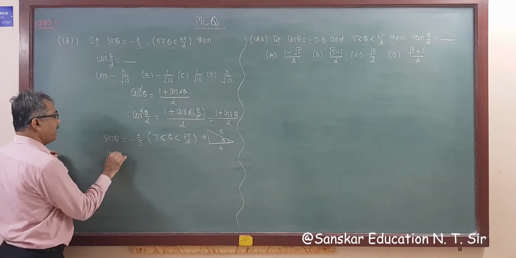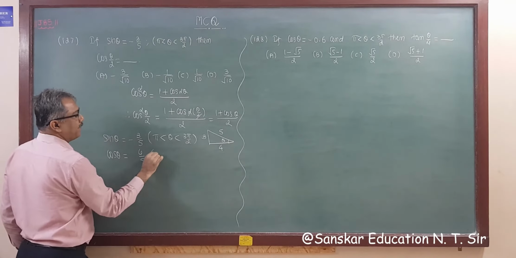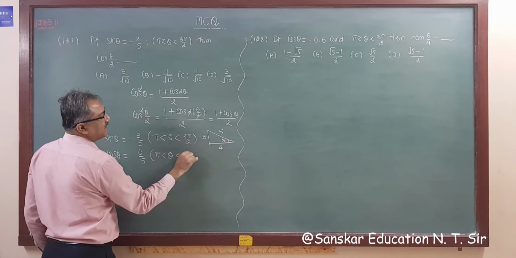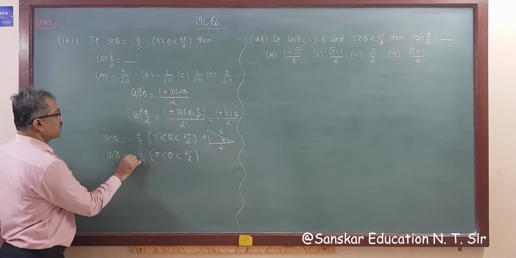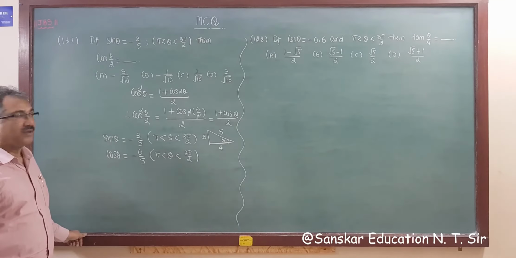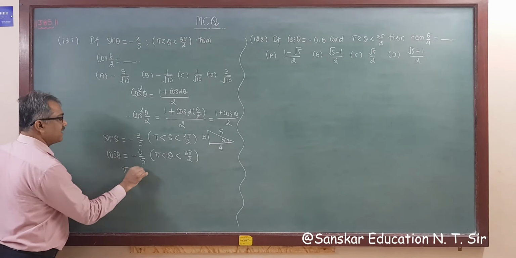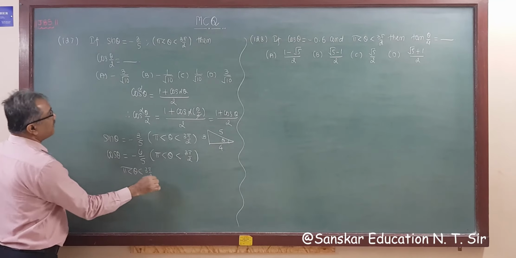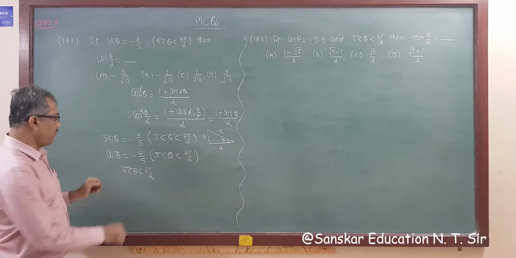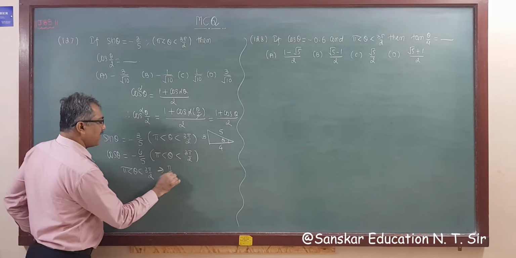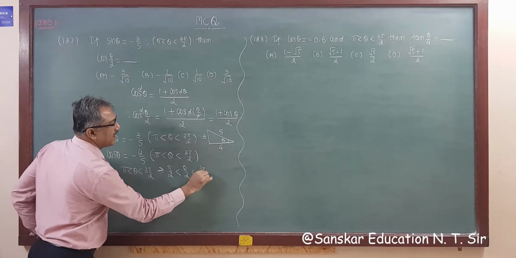So cos theta from the right angle triangle is 4 by 5, and pi less than theta less than 3 pi by 2, that is the third quadrant. In the third quadrant cos is also negative, so we have to take the value as negative. Now given pi less than theta less than 3 pi by 2, but we have to find out the value of cos theta by 2. That's why dividing this by 2, what we get? Pi by 2 less than theta by 2 less than 3 pi by 4.